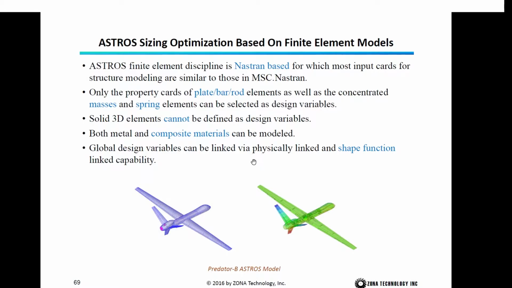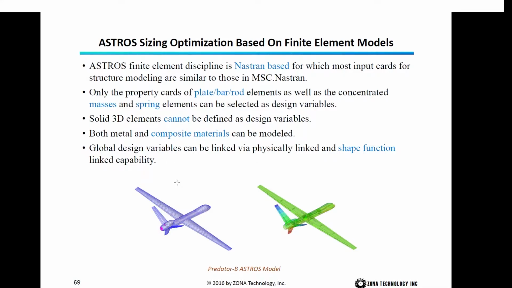Then we can link a set of the plate elements together to define a global design variable, or we can define the thickness distribution of a set of plate elements by a set of shape functions. So rather than the thickness of the element becoming a design variable, the coefficient of the shape function becomes a global design variable.